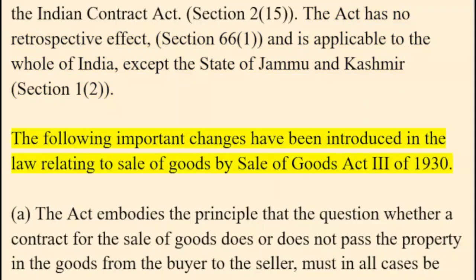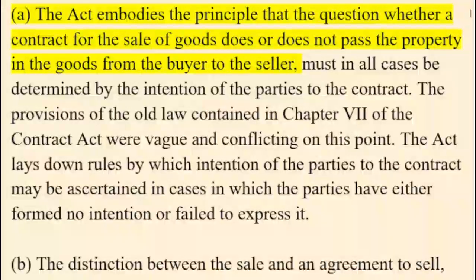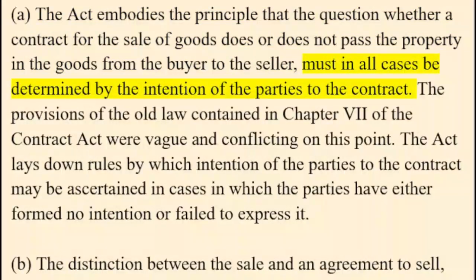The following important changes have been introduced in the law relating to sale of goods by Sale of Goods Act 3 of 1930. A. The Act embodies the principle that the question whether a contract for the sale of goods does or does not pass the property in the goods from the seller to the buyer must in all cases be determined by the intention of the parties to the contract.